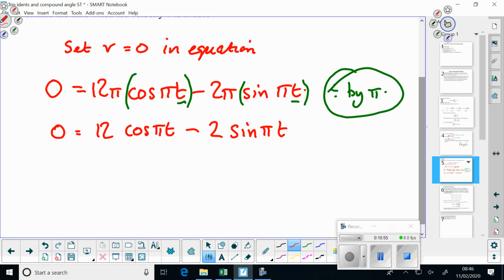What else? How can we get rid of these two? Divide by 2, good idea.